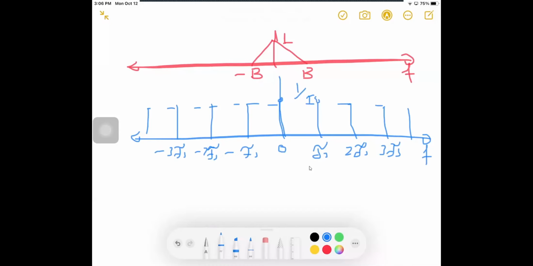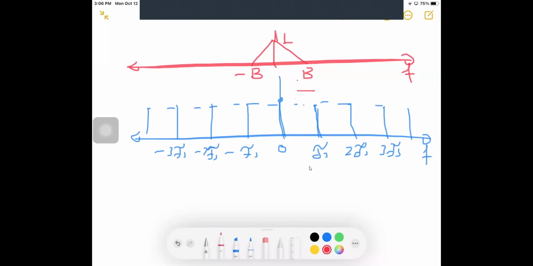Okay, the magnitude of every function is scaled by 1 over ts.